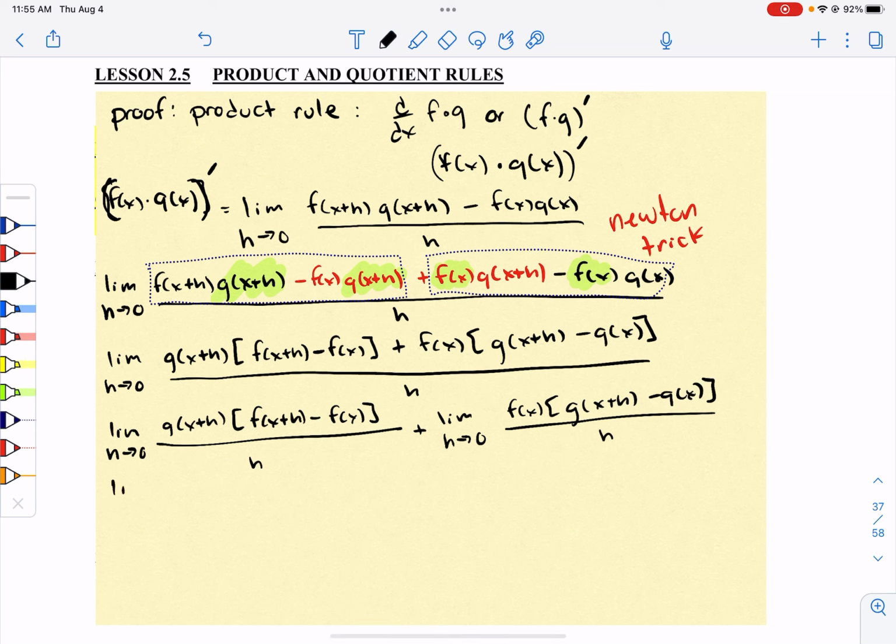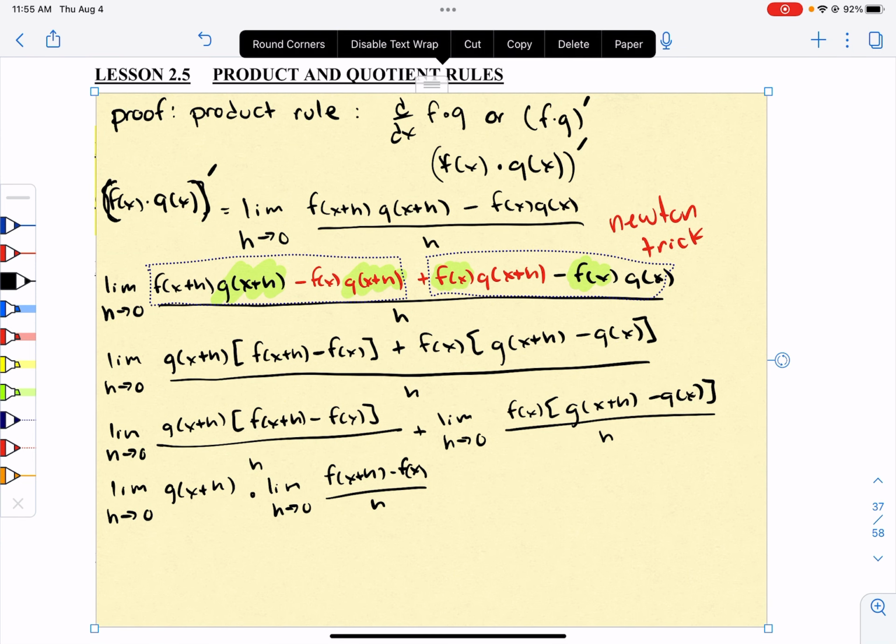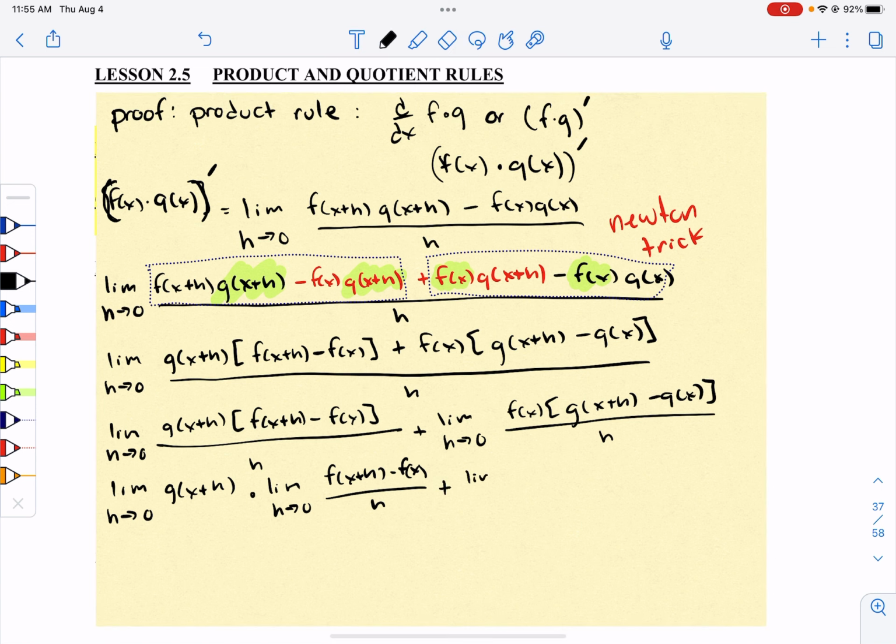I'm going to take the limit as h goes to 0 of g of x plus h, multiplied by the limit as h goes to 0 of f of x plus h minus f of x over h, plus the limit as h goes to 0 of f of x, and then I'm going to multiply by the limit as h goes to 0 of g of x plus h minus g of x over h.